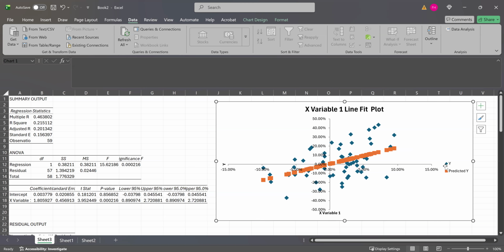So for the values of Y, you can see that for a given month, for example, I have 5.76% and 37.95% for Tesla.